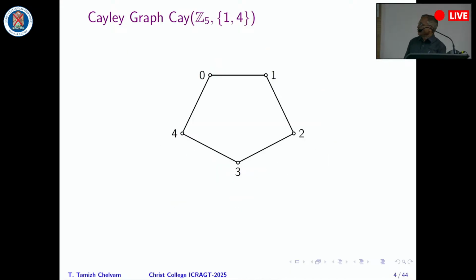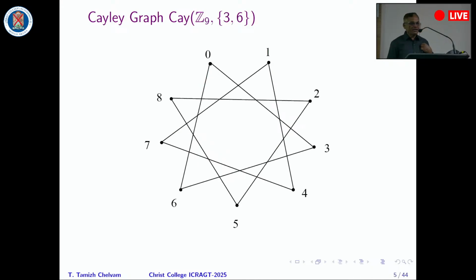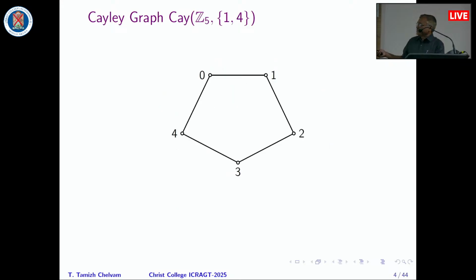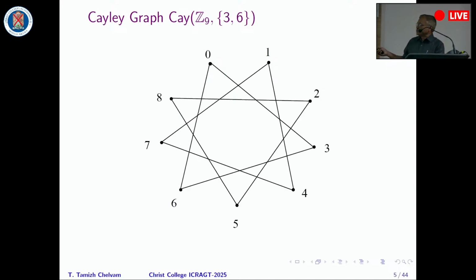The first one, congruence modulo 5 classes and 1 comma 4, and the second one, congruence modulo 9 classes with respect to 3 comma 6. Could you observe any difference? Somebody was saying that it is not connected. So previously this graph is connected, this one is not connected.